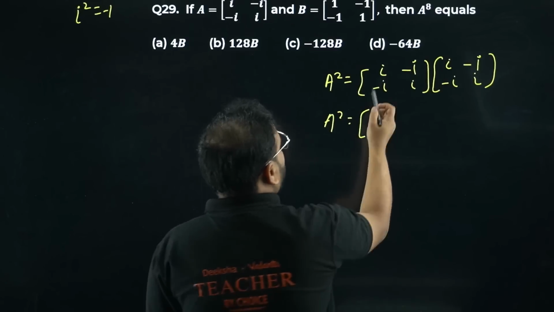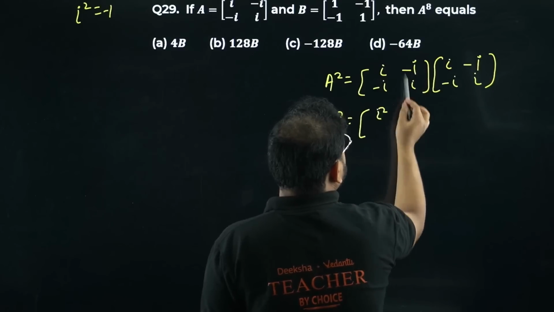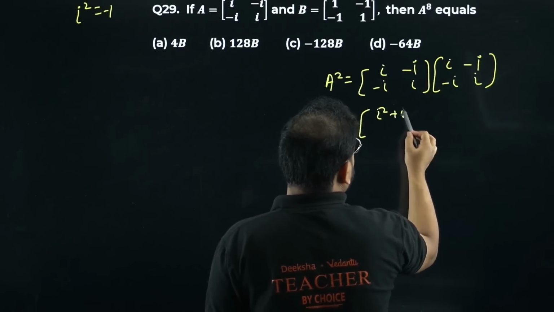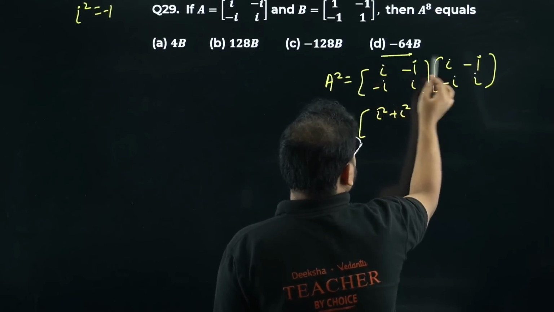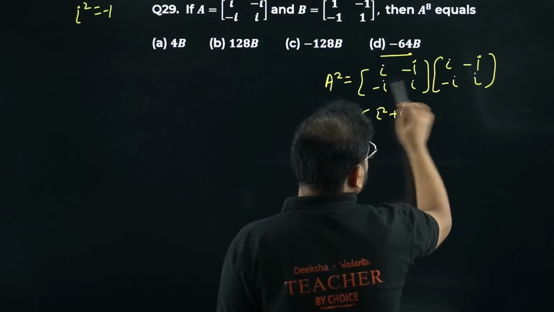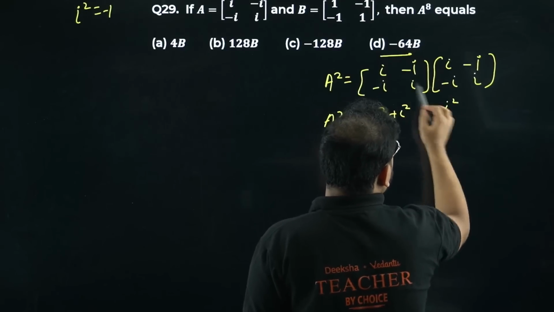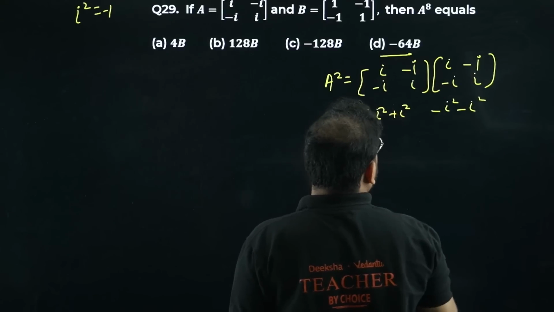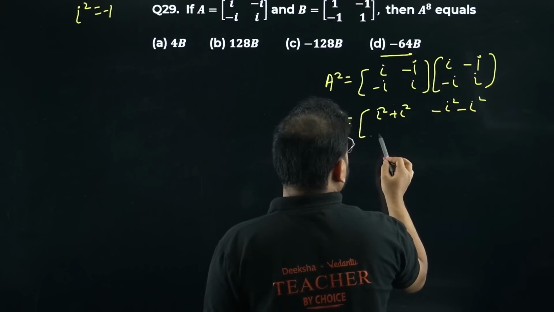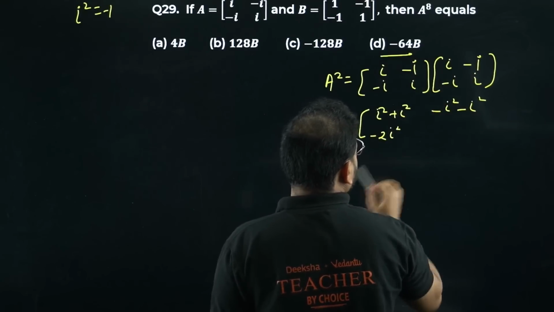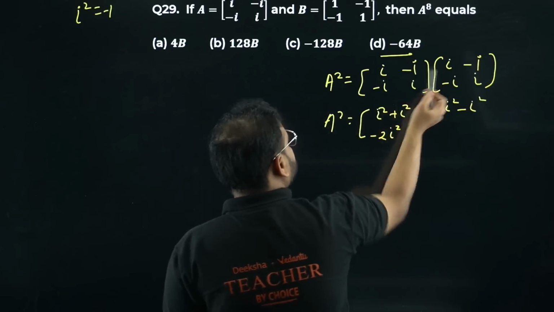For the first row, first column, I get i square plus i square. Over here I get minus i square and again minus i square. In the second row, minus i square, so minus 2i square.